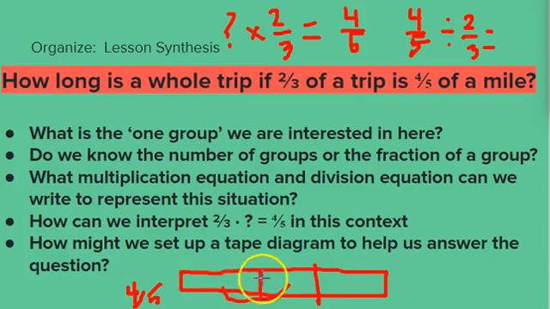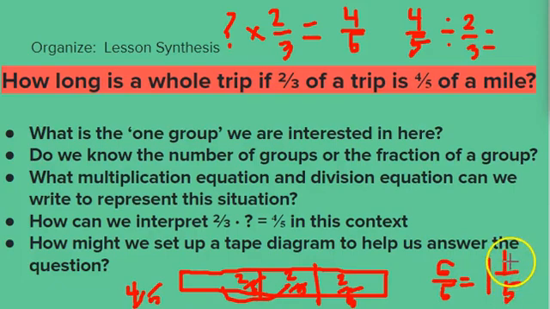Well, that means that each one of these is 2/5. This has to be a 2/5. So the entire trip is 6/5 or 1 1/5.